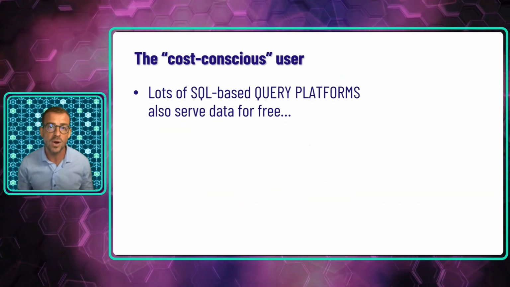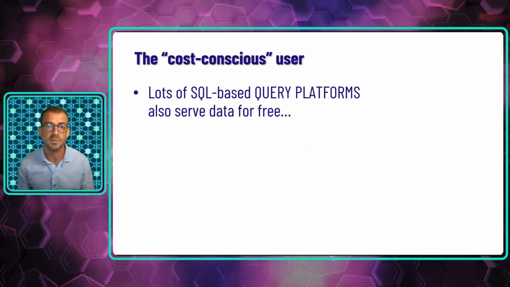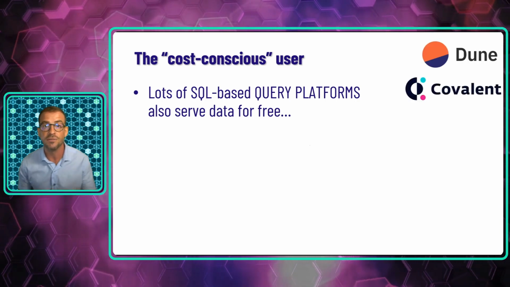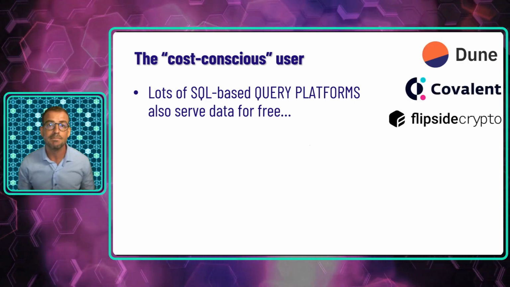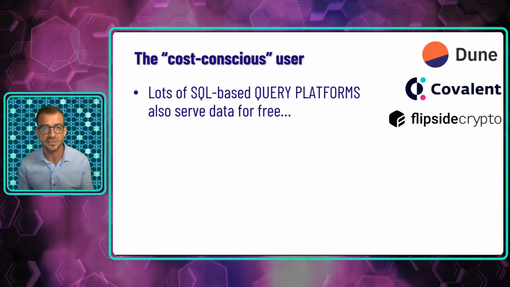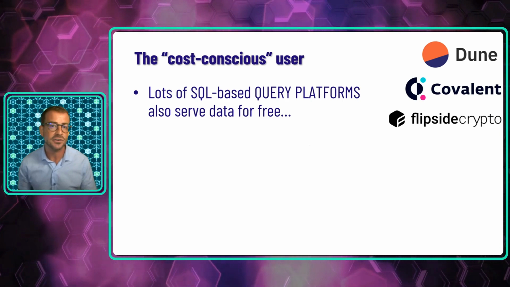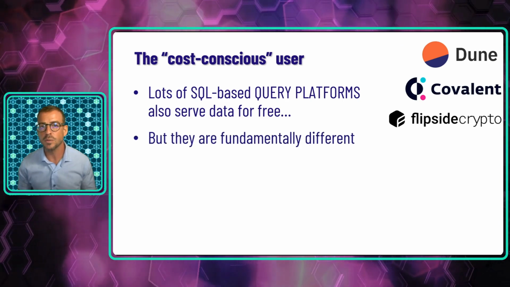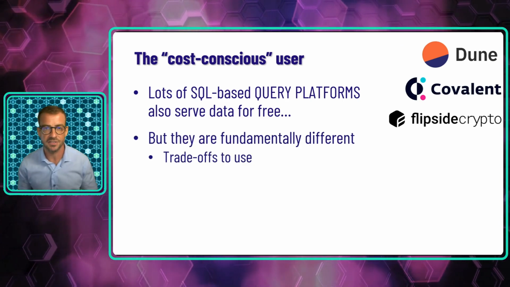There are incredible open free data platforms that allow you to query on-chain data for yourselves, like Dune, Flipside, Covalent, and Increment, but they are fundamentally different to the services that we've been reviewing in terms of how data is accessed and consumed. Using these platforms comes with significant trade-offs.